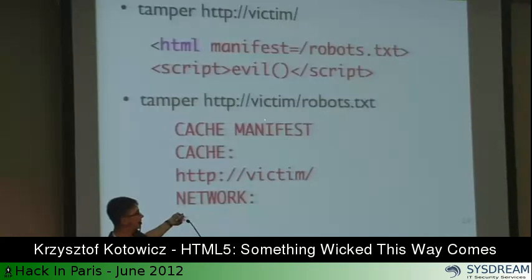This simply says cache the main page, cache this HTML document with the modified payload, and fetch from the network everything else. So Facebook would work like usual. All those other style sheets, images, and so on would get fetched online and updated every time.